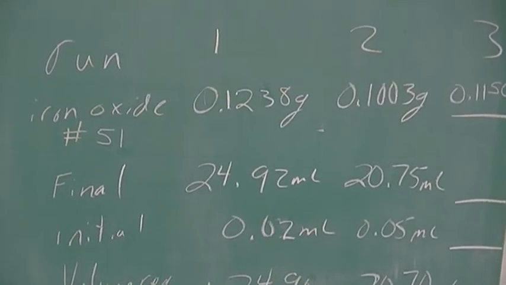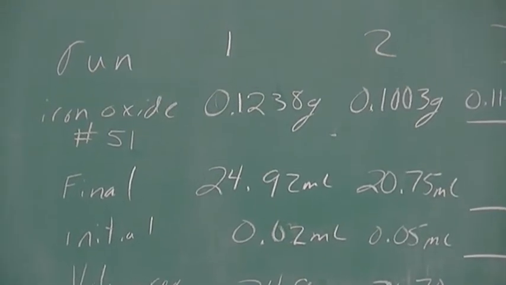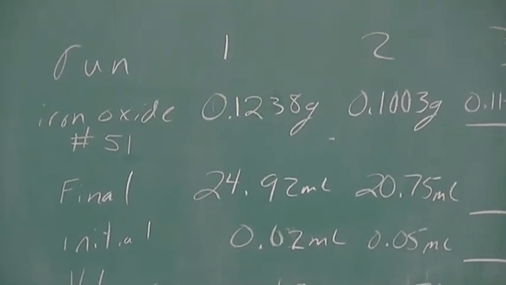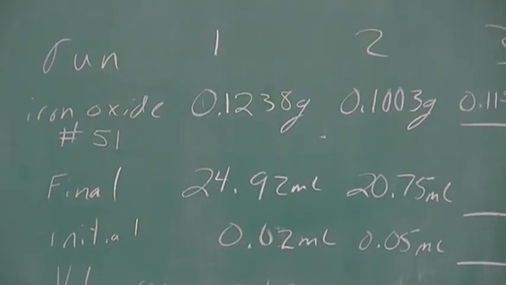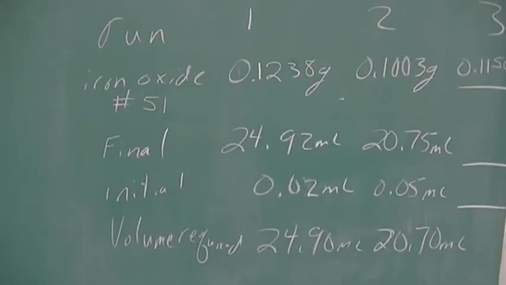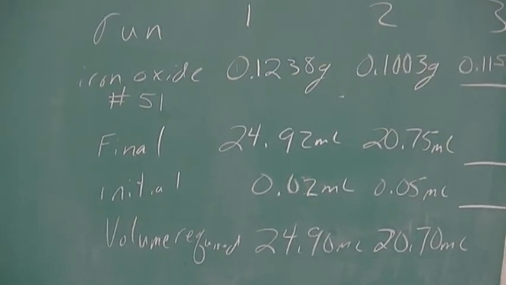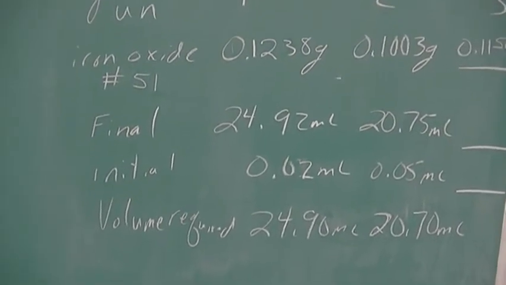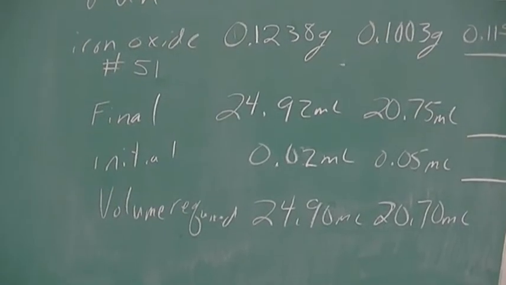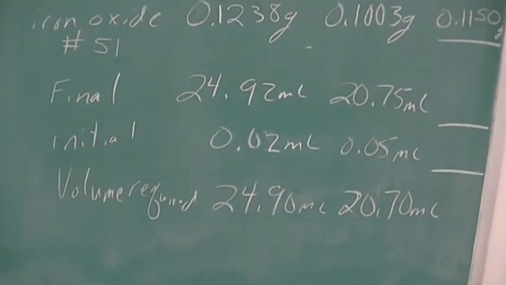Run 1, I used 0.1238 grams of iron oxide. The unknown number is 51. I had an initial reading of 0.02, a final reading of 24.92, and the volume required to do this titration was 24.90 milliliters.